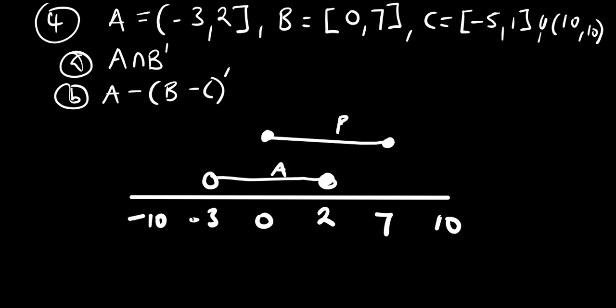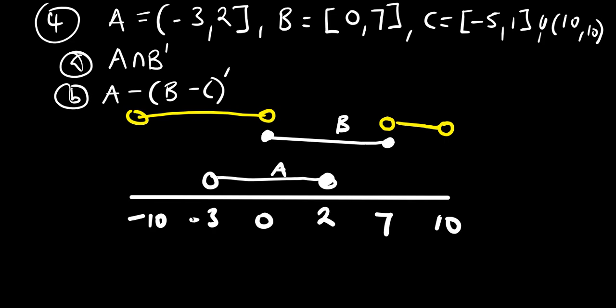So this is B. Now we're trying to find the intersection between A and B complement. B complement is what is not found in B, so you're moving from here to this, and then again from this side, going all the way to 10 and -10.